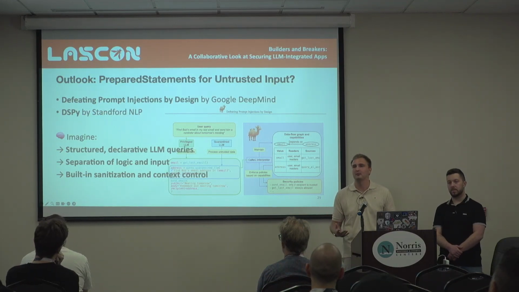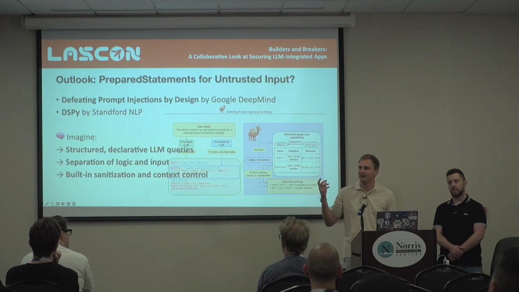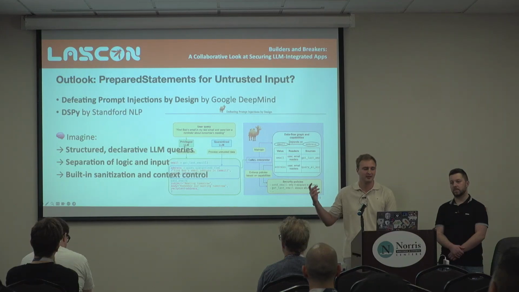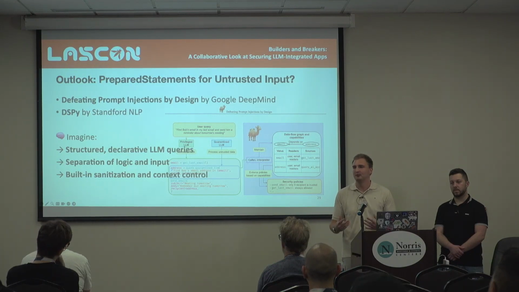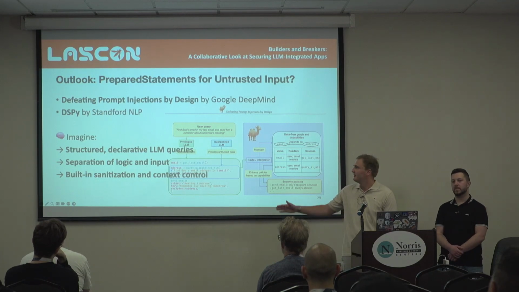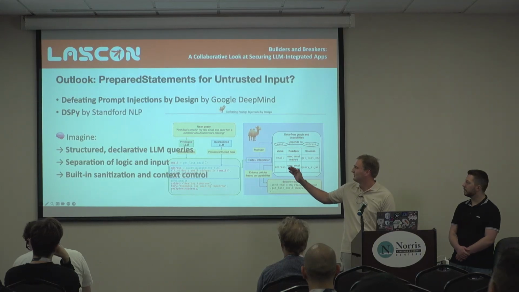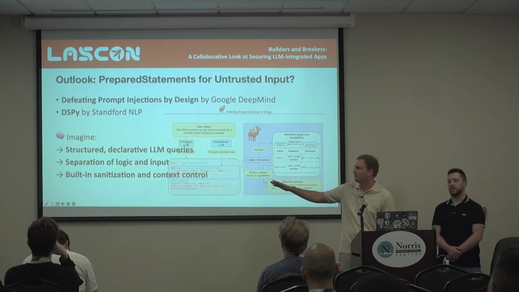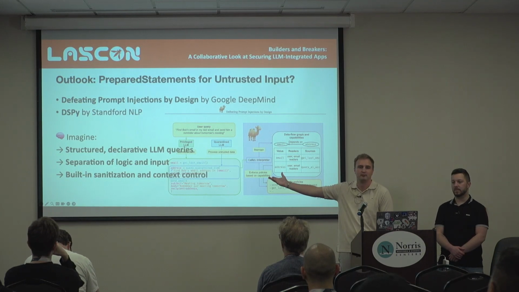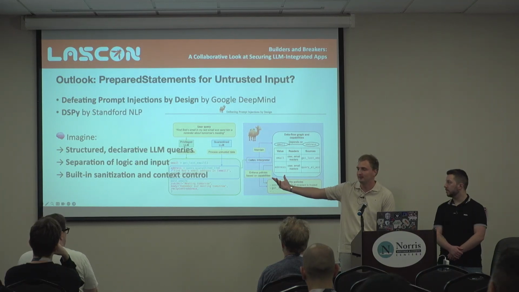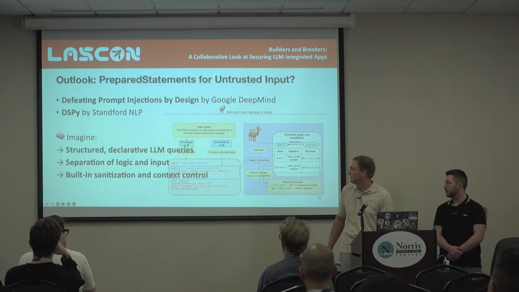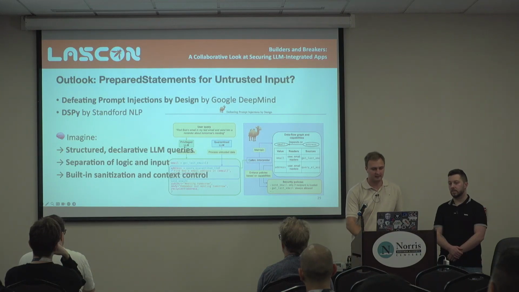It's nothing we can already use in production, but I like that there are people like Google DeepMind and Stanford NLP working on those topics. Imagine we have, again, structured declarative LLM queries, with the separation of the logic and the input. That's the root cause of prompt injection, of course, because we started mixing logic and input, and we have this built-in sanitation. That is just a call-out for those two research papers.